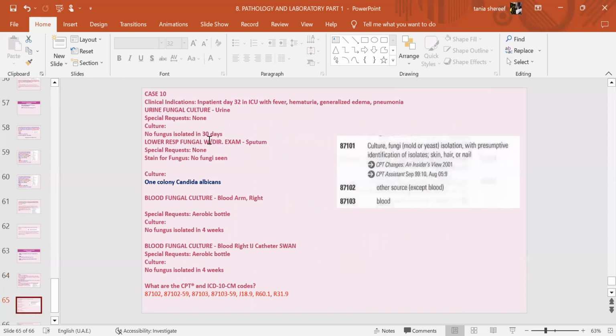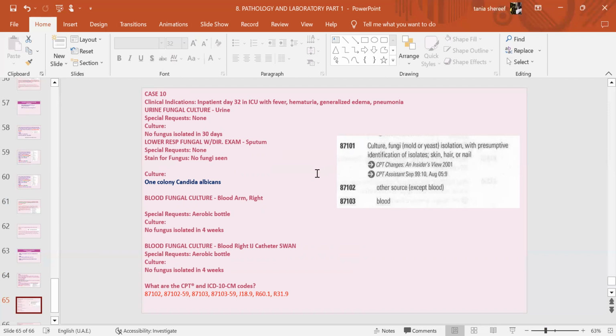Next, here we can see the clinical indication is inpatient, day 32 in ICU with fever, hematuria, generalized edema, pneumonia. 1. Urine fungal culture, urine, special request none, culture, no fungal isolated in 30 days. Lower respiratory fungal with direct exam, sputum.